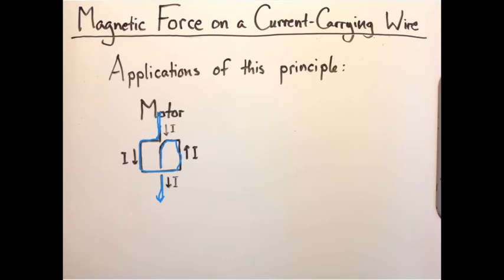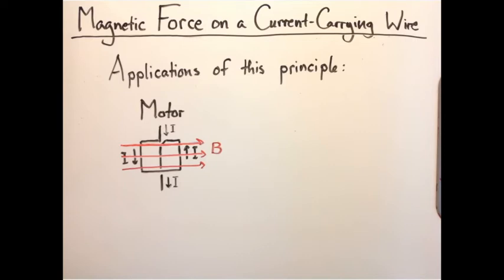Now, a motor isn't just a current. In order for there to be a force on these currents, we need to put it in a magnetic field. Now, the magnetic field being in, say, this orientation, as shown, the various sections of wire will each experience a force.